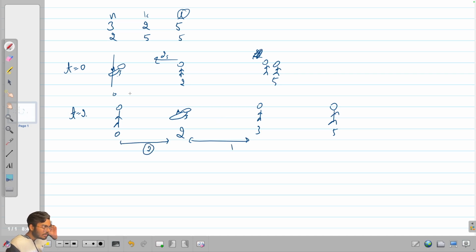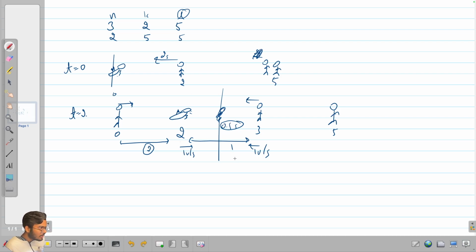So now this scarecrow will start moving right, and this scarecrow is moving left. Since the scarecrow at the 0th position is moving right, this will also move right with 1 unit per second, and this will move left with 1 unit per second. So these two will meet in only 0.5 seconds, right?